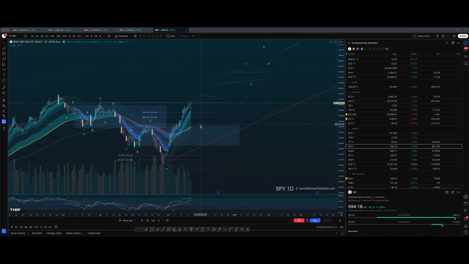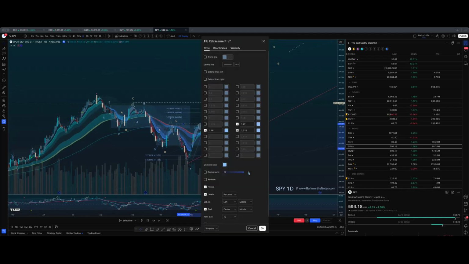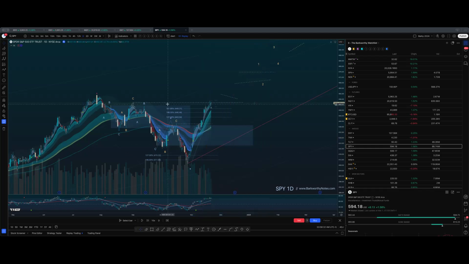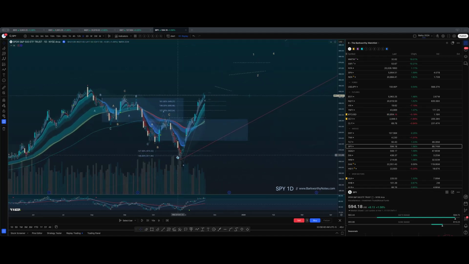And it continues to go here. And this ratio analysis is something that we can use to help us estimate. But it's not a rule that is set in stone.